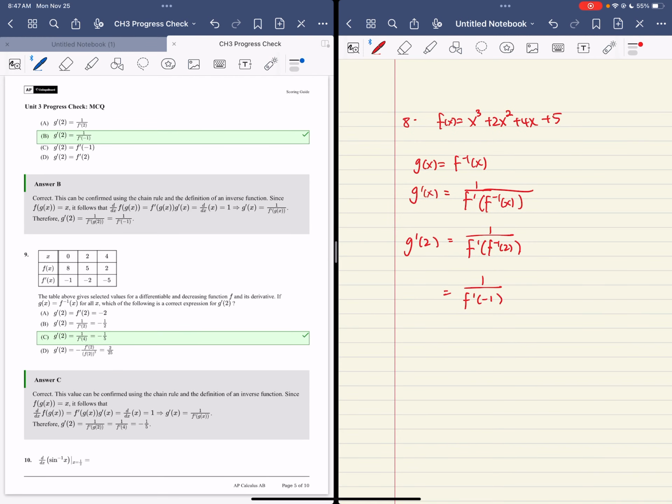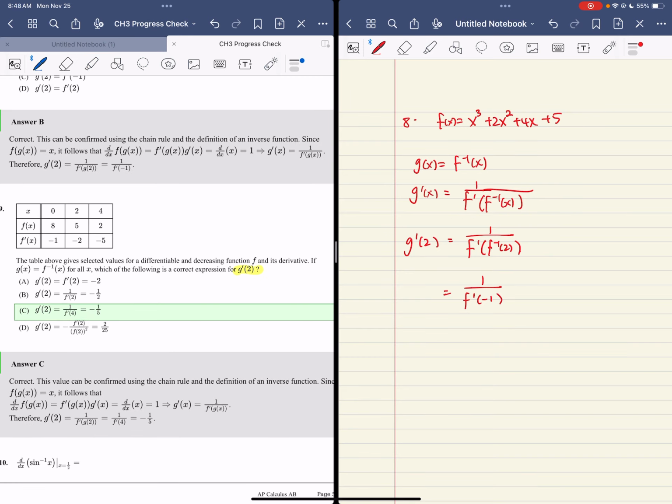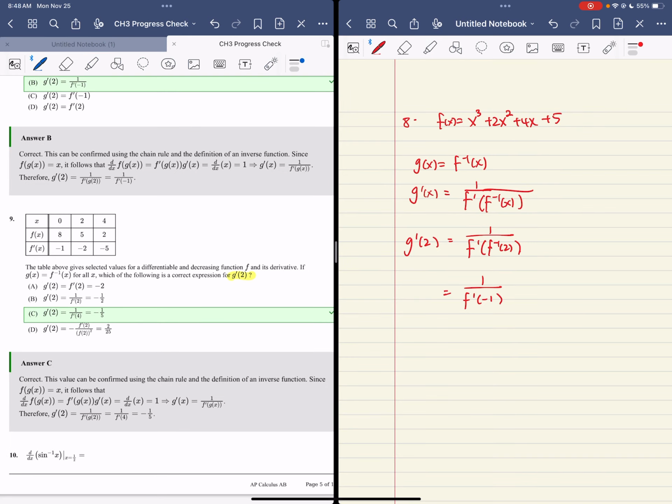And question number 9 is going to be the same thing. So let's look at this. f itself is a derivative. So what's g prime of 2? They are inverse to each other. So first you have to do this one first: 1 over, same thing, f prime of f inverse of 2.